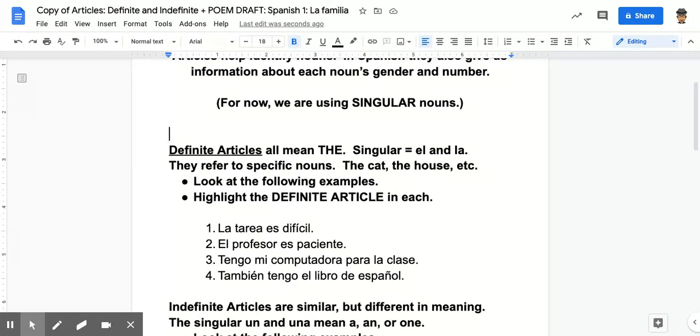All right, so our first task here is to look at the following examples and highlight the definite article in each. La tarea es difícil. El profesor es paciente. Tengo mi computadora para la clase. También tengo el libro de español.